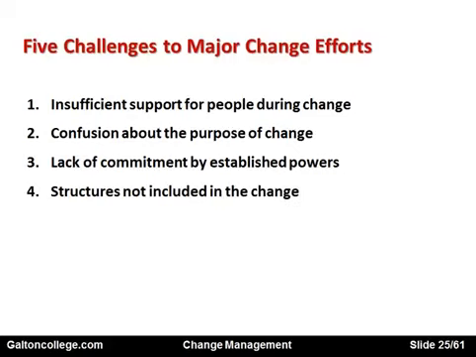It may be that some structures are not included in the change. This can be human structures or it can be physical structures. It could be that the design of the plant or the existing technology is not exactly what's required. But because of pressure on resources, it's what the company's got, so they have to work with it.